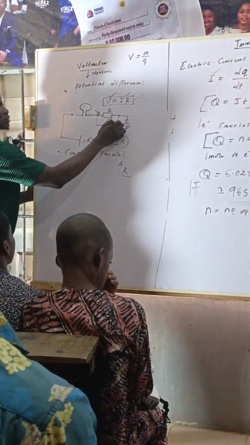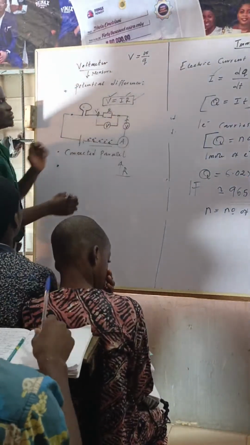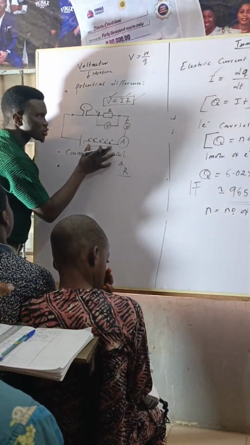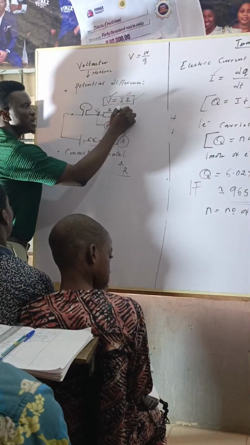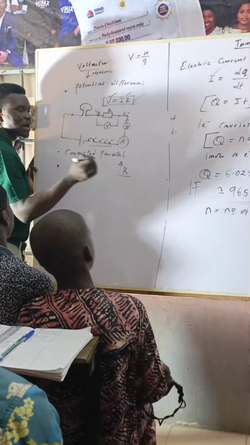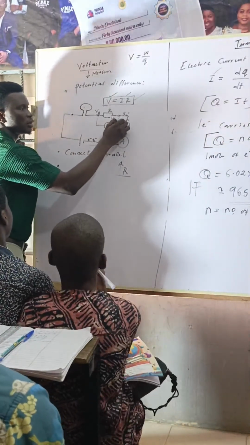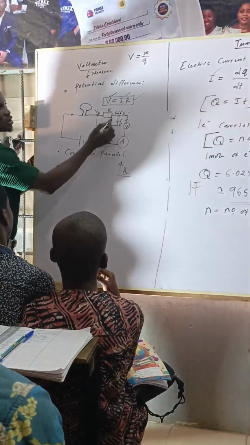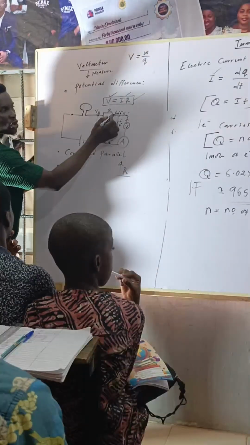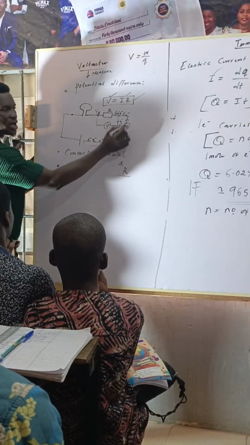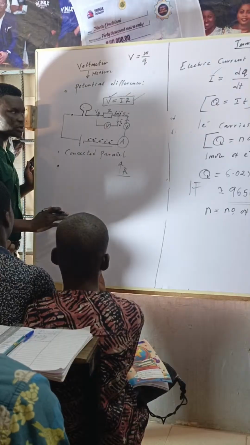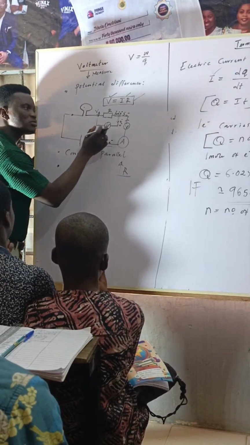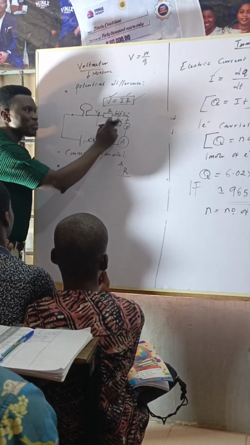Now, there are 5 electrons here. By the time the 5 electrons get here, some parts can move through here, and some parts can move through here. The parts moving through here do not justify the total current that is flowing. And the only way I can connect this is in parallel.